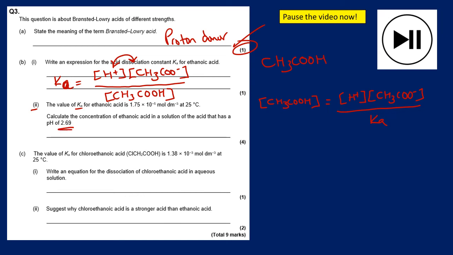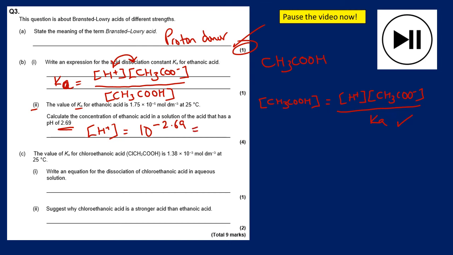Now I'm going to use this value here. We've got a value for Ka in the question, 1.75 times 10 to the minus 5. We don't have any value for the H plus or the CH3COO minus, but we do have pH. So we're going to calculate the H plus concentration by doing 10 to the minus 2.69.